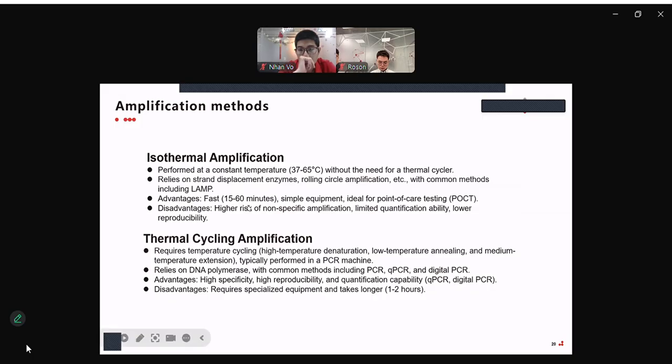So the advantages of this kind of method are, first, high specificity and high reproducibility, and they are all quantification methods. Also, this kind of method requires specialized equipment, because the machine needs to satisfy the requirement of changing the temperature. So the price of the machine will be higher than the LAMP method.